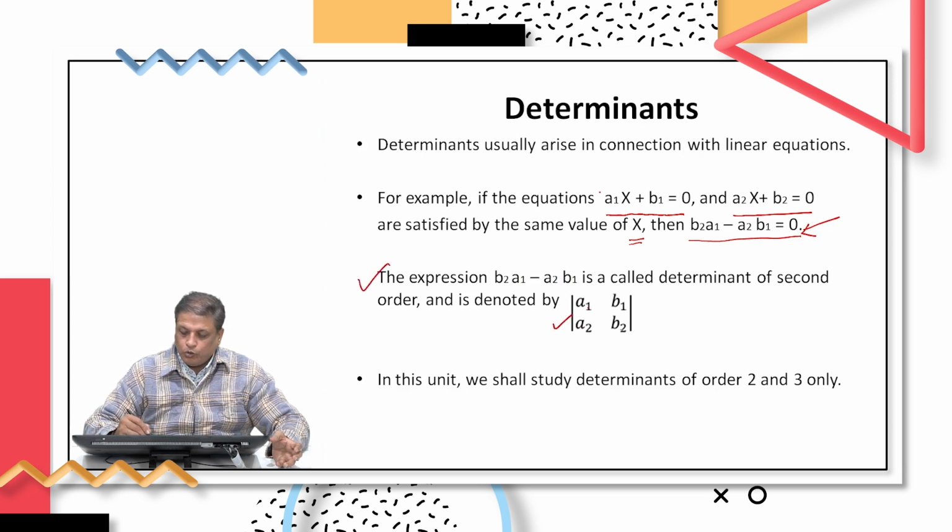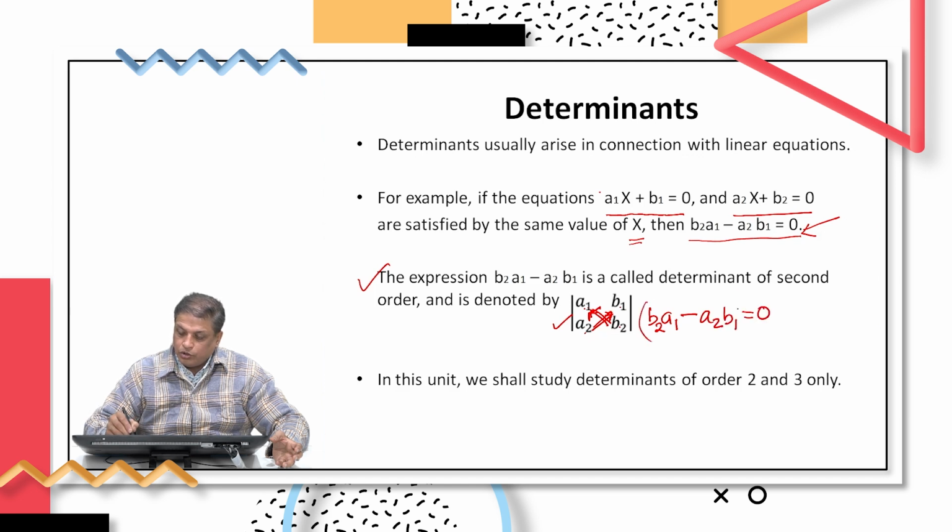When we multiply B2 by A1 and A2 by B1, we get the solution B2A1 minus A2B1, that is, B2 into A1 minus A2 into B1. Now, this should be equal to 0.